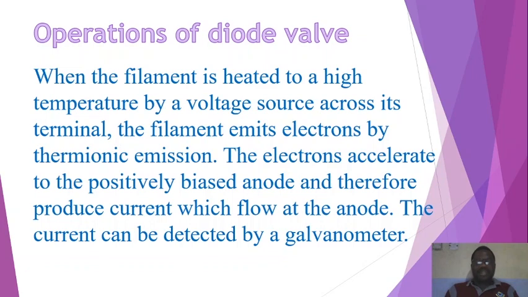As electrons flow to the anode, an electric current is generated, and that current is detected by the galvanometer connected across the anode and the cathode. So that is how the diode valve works.